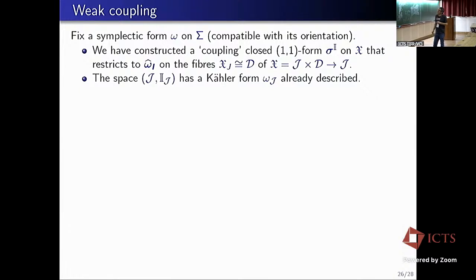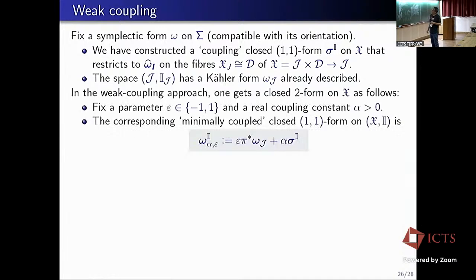Then we have constructed this coupling form, and we have this tautological complex structure I. And this is a formula, as in the case of harmonic bundles, for the weak coupling, where there's again an epsilon, which could be plus or minus 1.